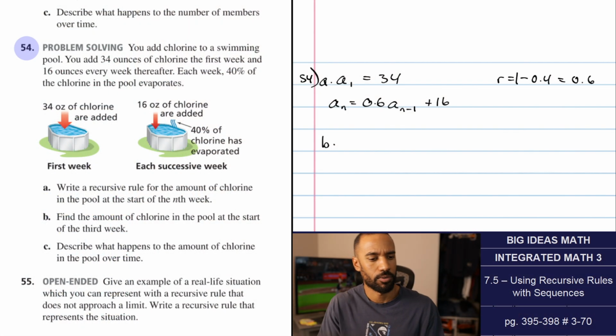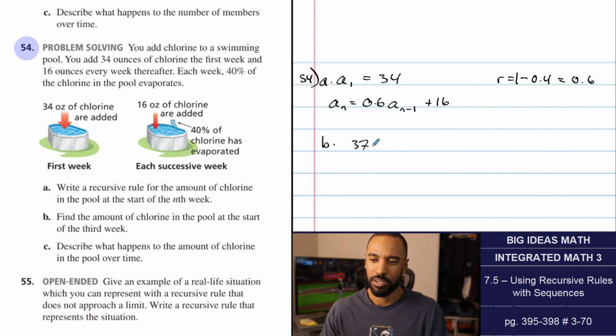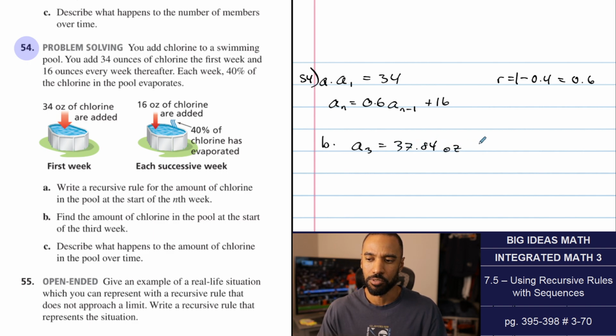This is the second week. This is the third week. What was this answer? 37.84 ounces of chlorine. So A sub 3 is 37.84 ounces of chlorine.